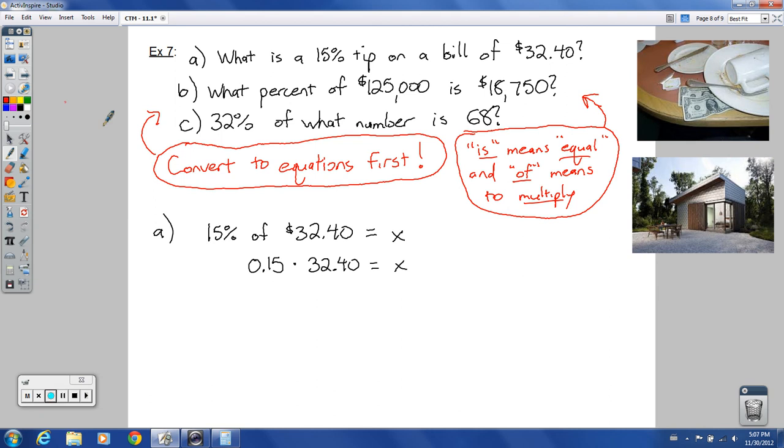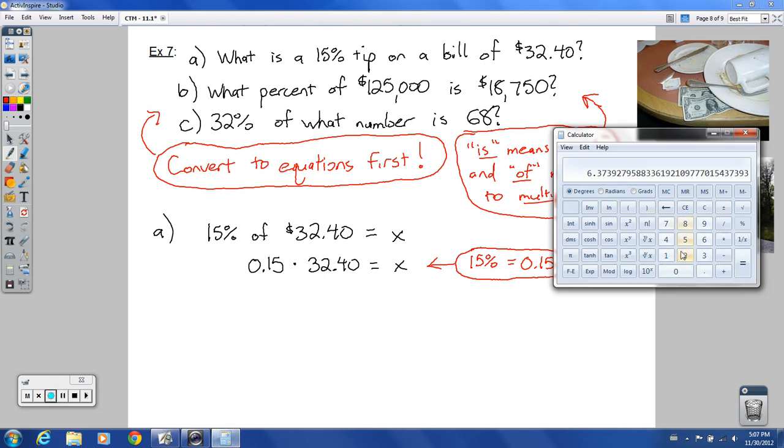In your different color, off to the side here, let's just write down that 15% is equal to 0.15. That's where that came from. So that didn't just magically appear out of nowhere. We just changed the percent to a decimal by moving the decimal 2 spots there. So let's take our calculator out at this point and figure that out from there.